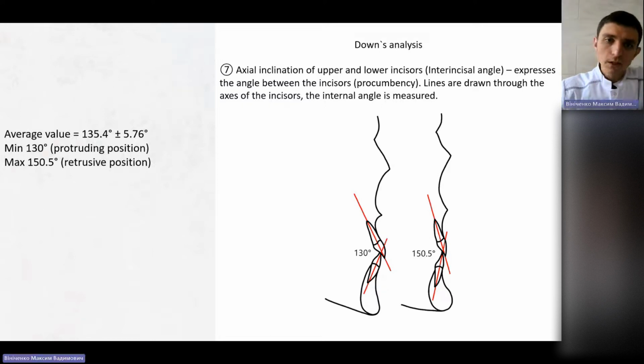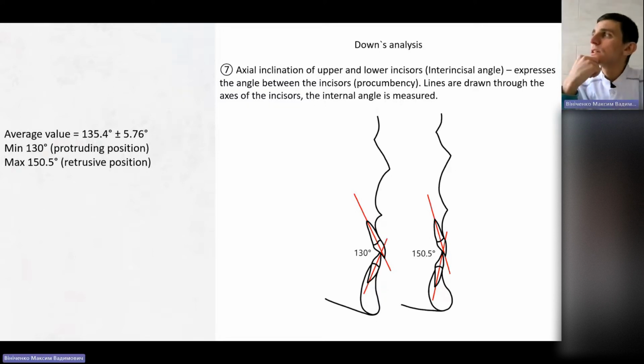We measure the internal angle. The average value of the procumbency must be 135.4 plus or minus 5.76. So that is the average value. If the patient has 130 or less, we say that this patient has a protruding position.